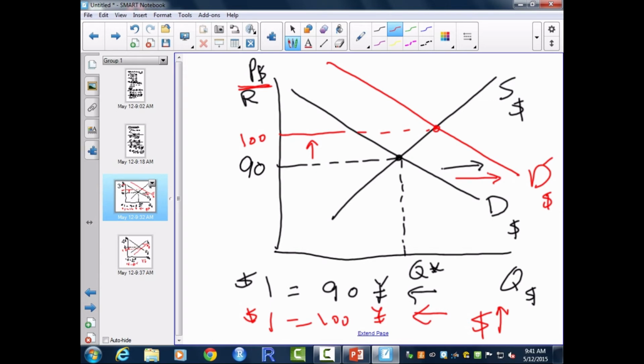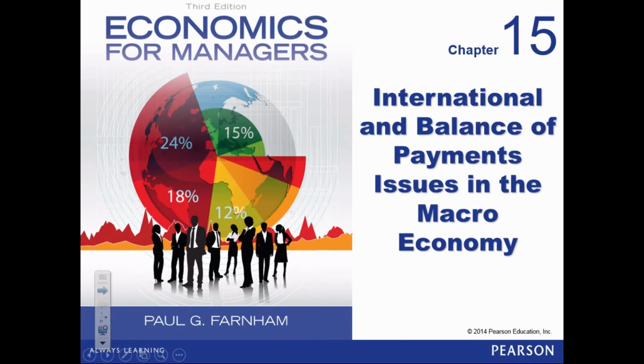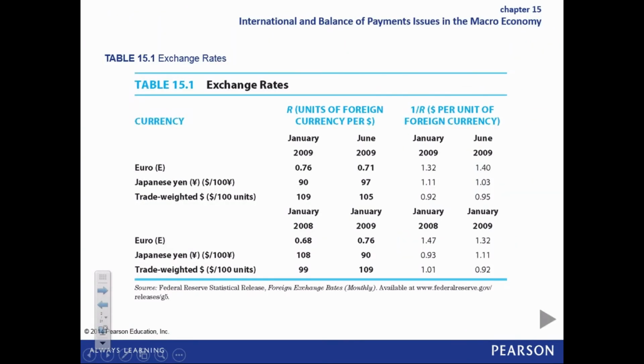Now, I want to look at some of these slides. I'm going to skip some of them, but look and see what we missed in chapter 15. Okay, let's see. This first table is showing the value of the exchange rate between US dollar and euro, US dollar and Japanese yen, and trade-weighted dollar.